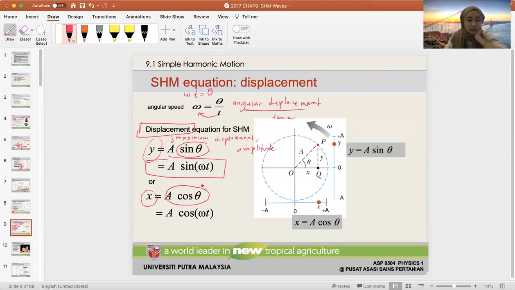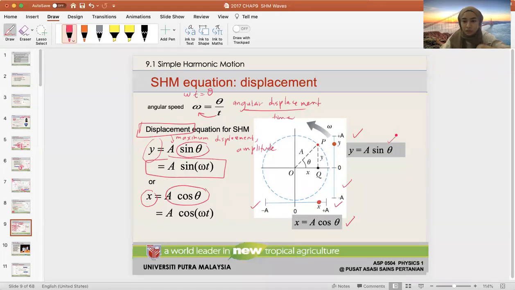Cosine for x, sine for y. And you can also write it as cosine omega t. So y displacement is this one, x displacement is this one. They map the rotating particle. The displacement in x is given down here, and the displacement in y is given over here.